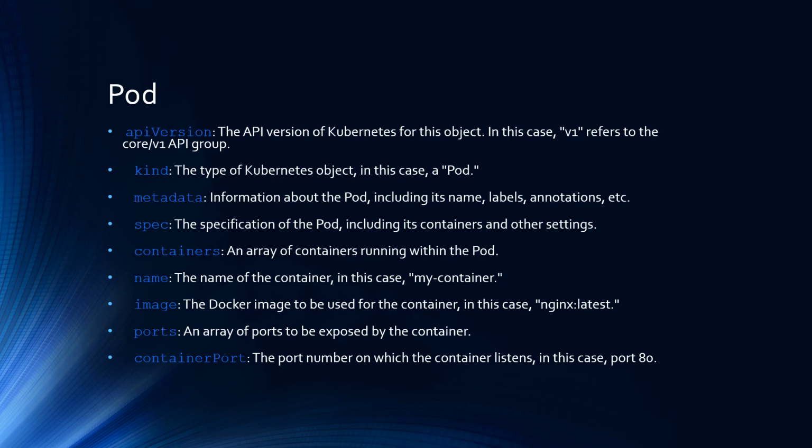In the spec section, we define our container configurations. While our example shows basic settings, you can also specify resource requests and limits, environment variables, volume mounts, and more. This is where you'll spend most of your time when fine-tuning your pod deployments. A critical aspect that's not immediately obvious from the YAML: pods are scheduled as complete units.